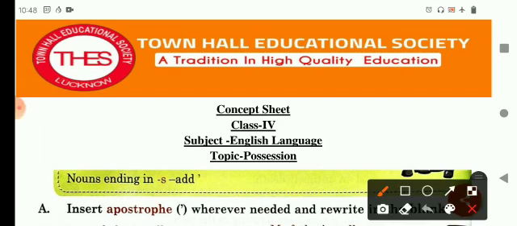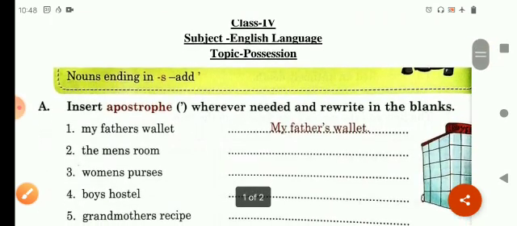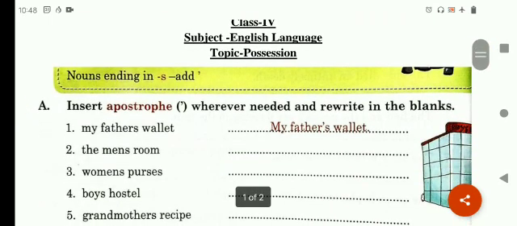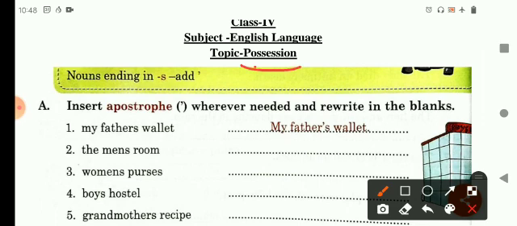And today's topic is taken from the English language chapter on possession that you have already read. Children, before we begin our exercise, let's discuss once more what possession is.